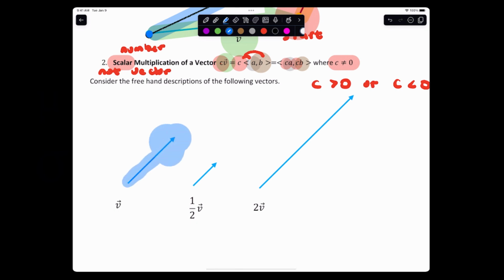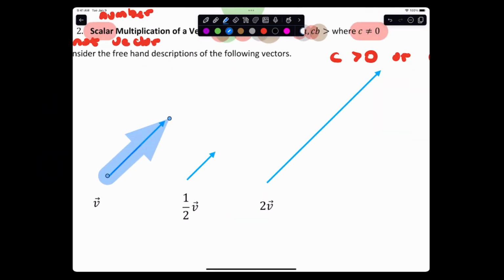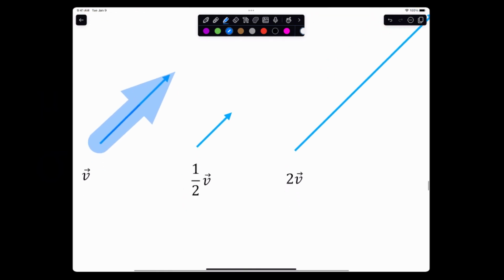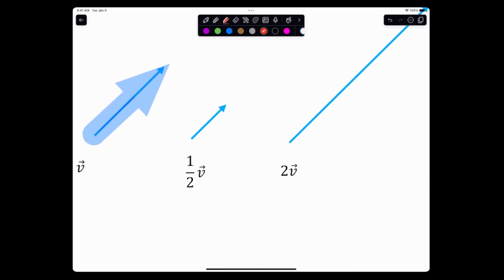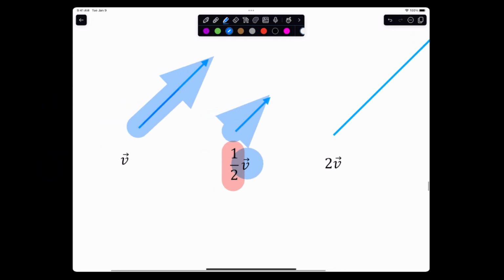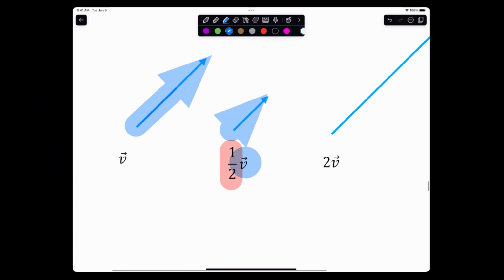Here's your vector V, okay? And if I use a scalar multiple, first of all, there's 1/2. The effect is really this. Whatever magnitude vector V is, okay, half of that vector just shrunk the vector. It shrunk the vector by 1/2.